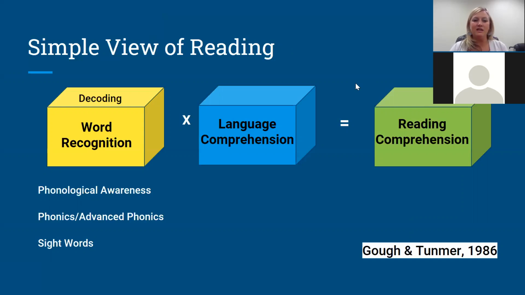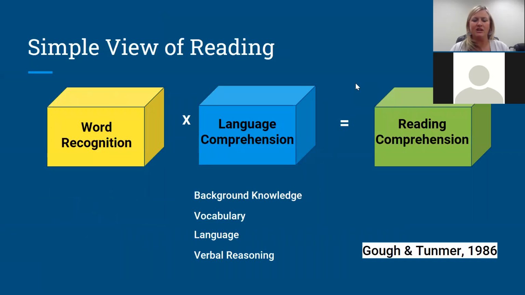And then moving into phonics and advanced phonics, knowing that those sounds that we're speaking are represented by letters in print, and then ultimately getting our students to understand words by sight automatically, having that automaticity of knowing the word and no longer having to decode and read through every letter, but now knowing them by sight. That's Gough and Tunmer's word recognition.